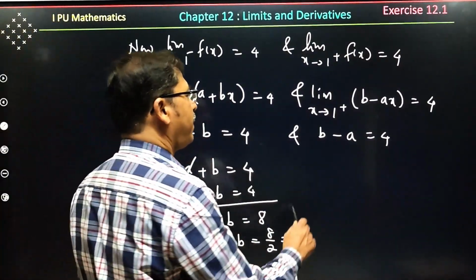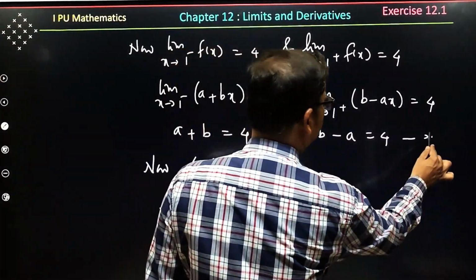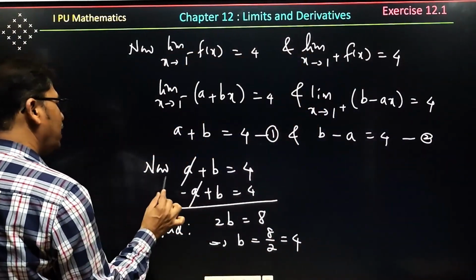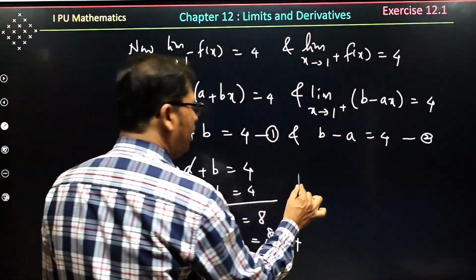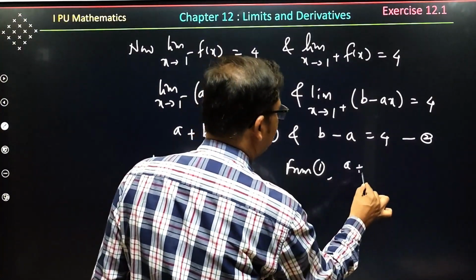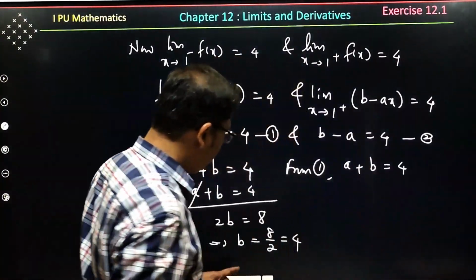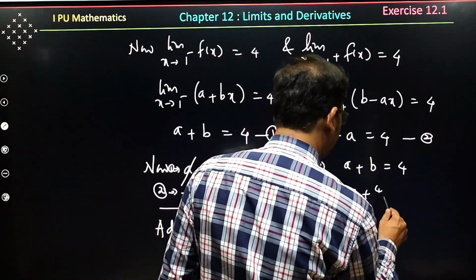Now you call this equation number 1 and this 2 here. I have written both the equations 1 and 2 here. Use equation number 1. From 1, what can we write? A plus b is equal to 4 here. Now what is the value of b? b is equal to 4. Put the value of 4.